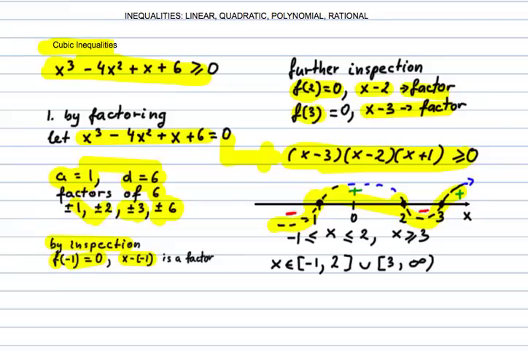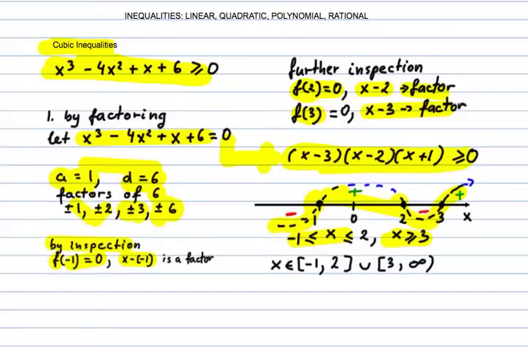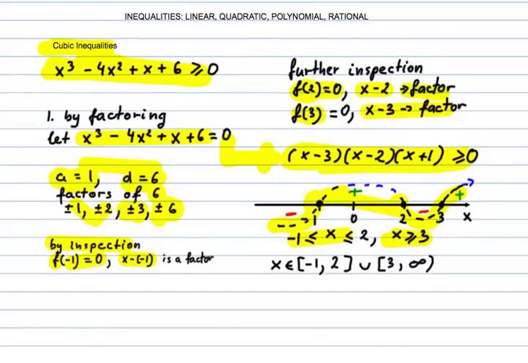So whenever the graph falls above the x-axis, you consider this to be greater or equal to 0. So we have the interval here in between -1 and 2, or greater or equal to 3. So using interval notation, double inequality, or you can use this type of notation where you include the endpoints.